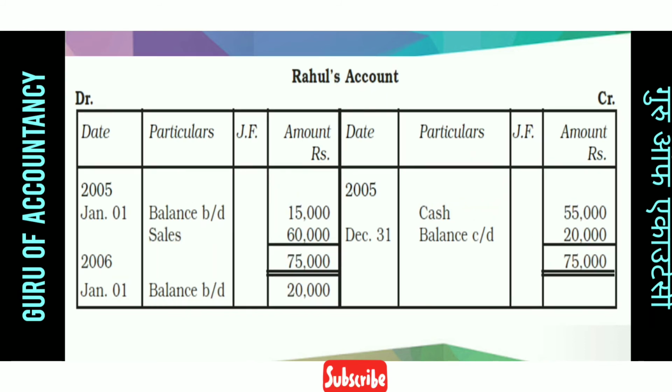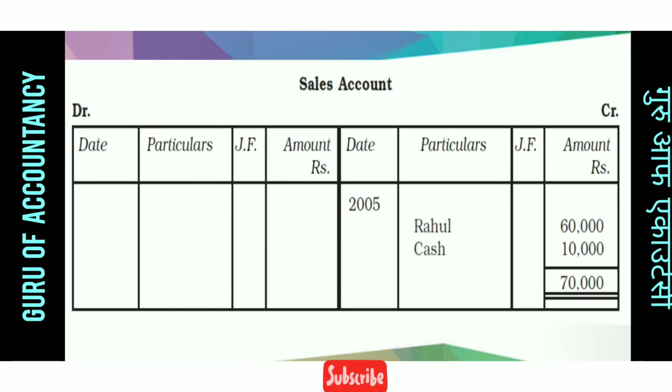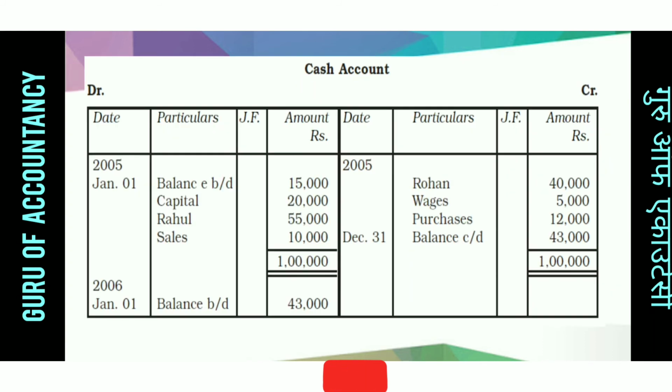Similarly, Rahul's account 20,000 balance, sales account you can see total is 70,000, so that balance will go on the debit side to balance carried down 70,000 credit balance. Cash account, you can see 43,000 given on the credit side, this is a debit balance. Remember, if you have returned balance carried down on the credit side, so it is a debit balance.